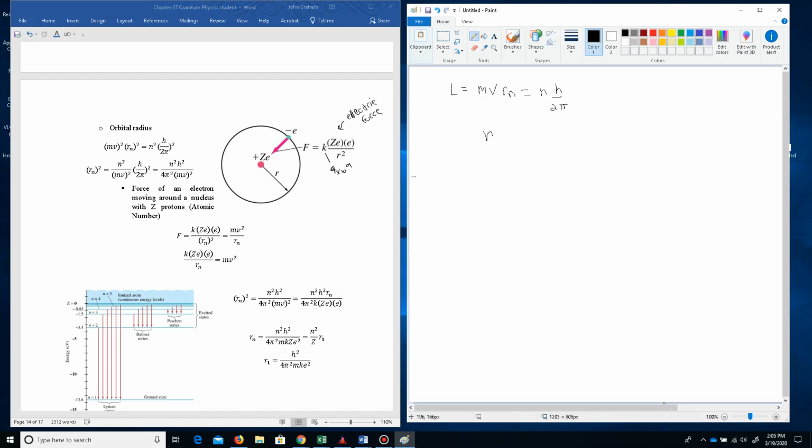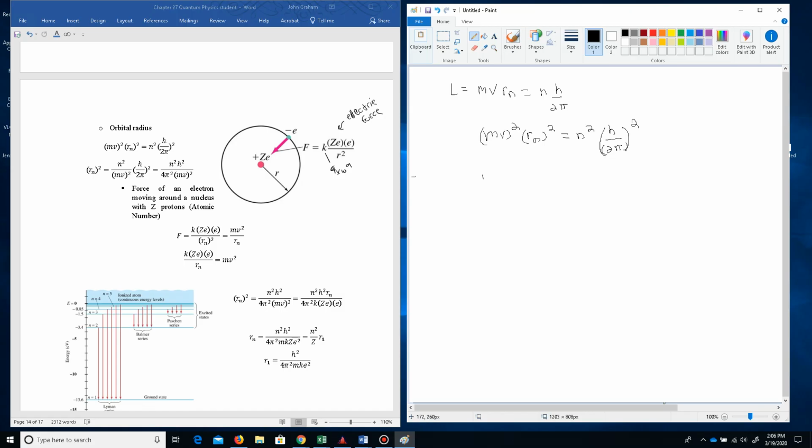So when we square both sides, we get mv squared, there's a reason I'm putting these together, Rn squared. We didn't have to necessarily put these together in that step. Then n squared, and then h over 2 pi squared. So all I did was take this side and this side and square both sides. As long as you're doing the same thing to both sides, it still remains equal.